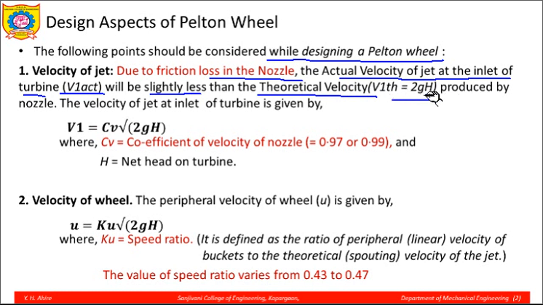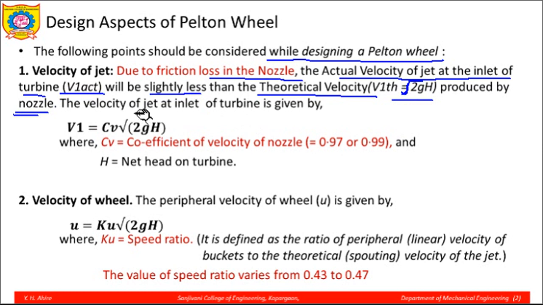It will be slightly less than the theoretical velocity produced by the nozzle. So actual velocity will be less than theoretical velocity. Why? Because of friction loss in the nozzle.